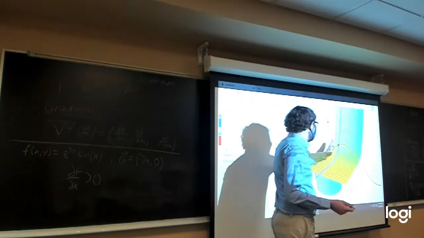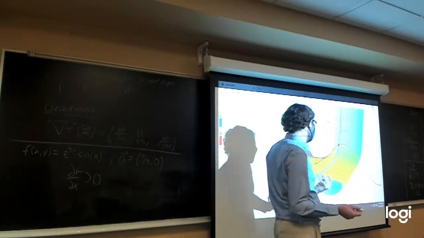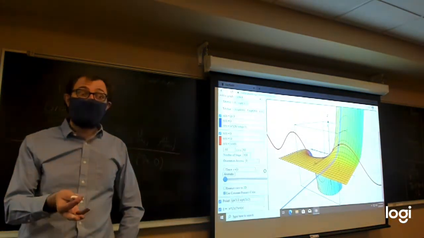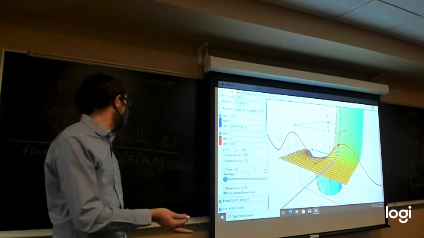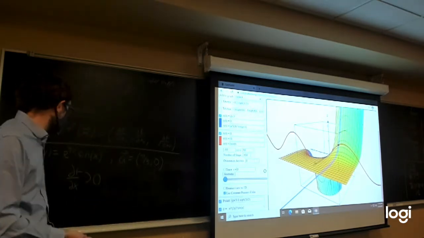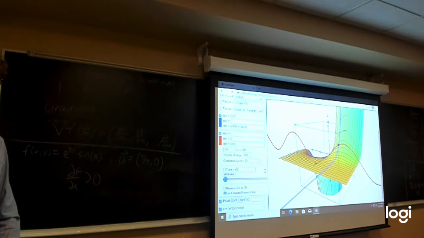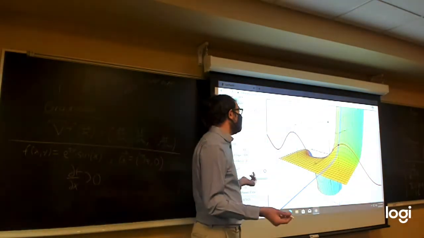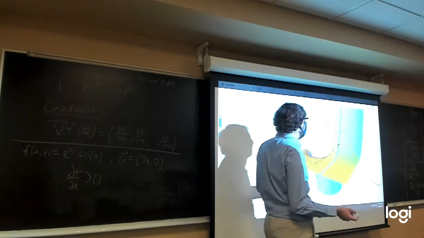It looks like a pretty steep climb up the hill here if we were to travel in the direction of the positive y-axis. And would you estimate, just from looking at the graph, that del f del y is going to be bigger than del f del x or smaller than it? I'd say bigger. It looks like a steeper slope. There's a positive slope in the positive x and in the positive y direction.